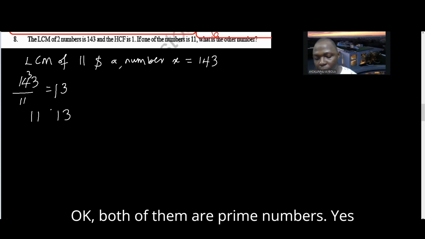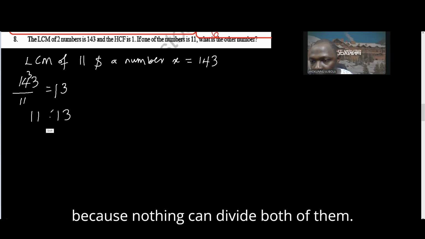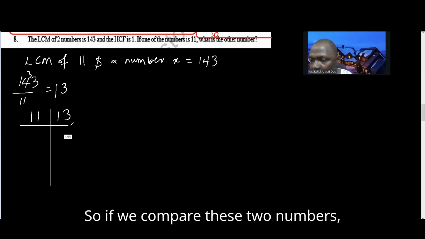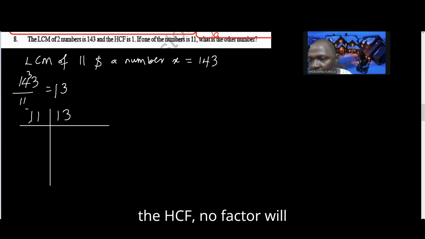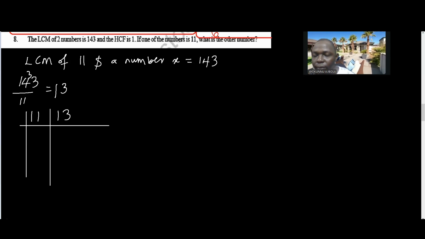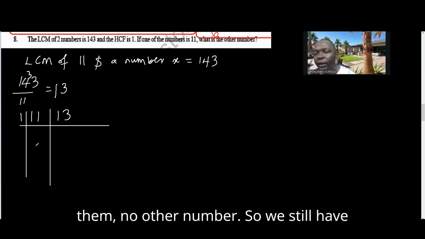Both of them are prime numbers, yes or no? Yes, because nothing can divide both of them. So if we compare these two numbers for the HCF, no factor will be common to them other than 1, okay? Because it's only 1 that can divide them, no other number.